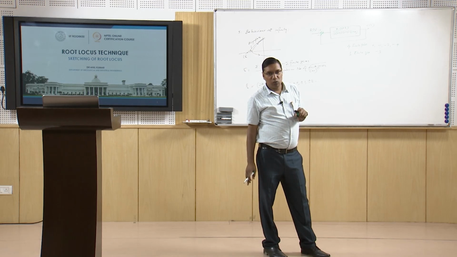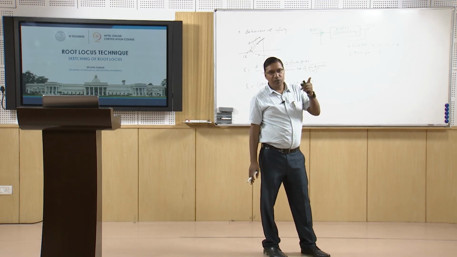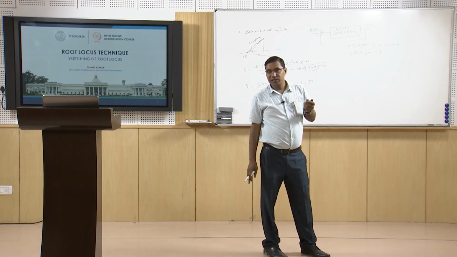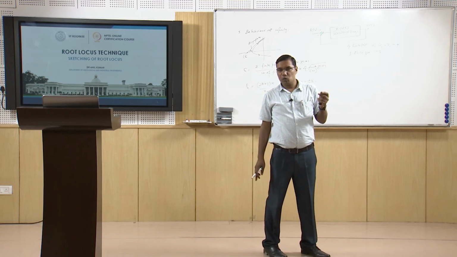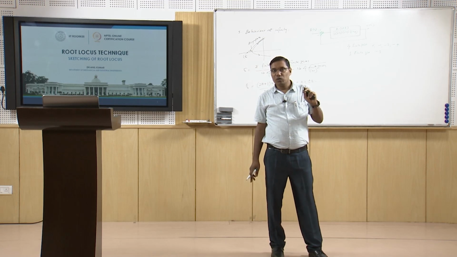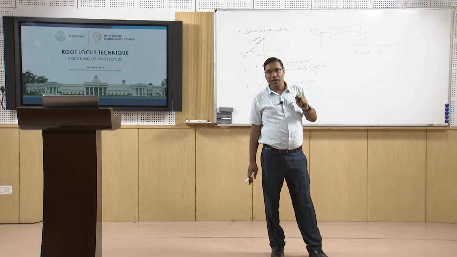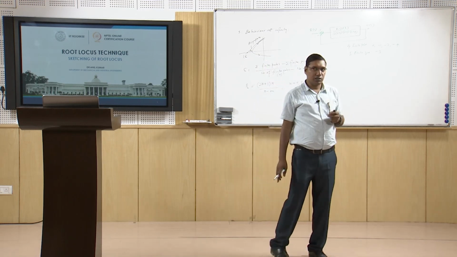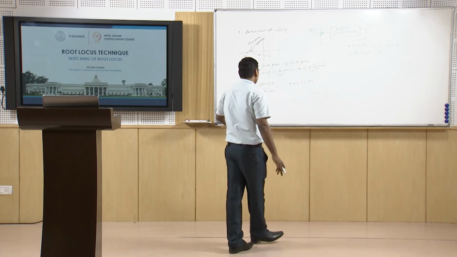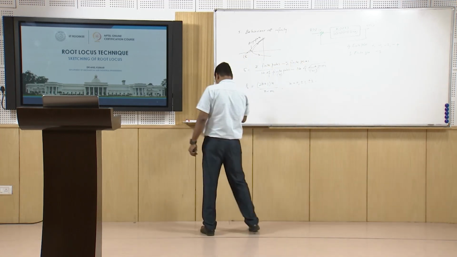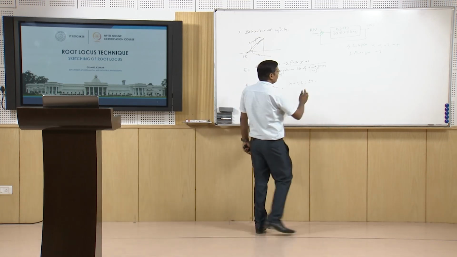We know that the root locus starts at poles and ends at zeros, and 3 zeros are at infinity, so the root locus will go to infinity. How they will proceed at infinity is told by the asymptotes defined by this formula. So we calculate sigma a.